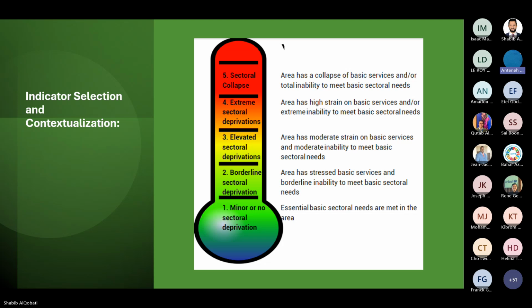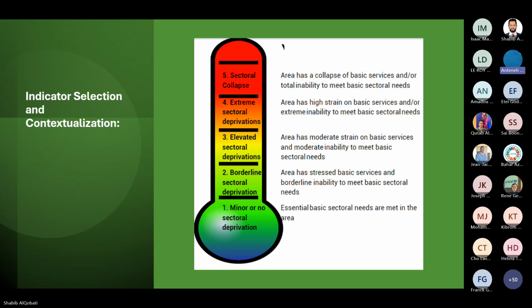It just shows you the level of severity for a given indicator. For example, severity level 5 is where we see an extreme level of severity. For example, a complete collapse of basic services or total inability to meet basic sectoral needs.